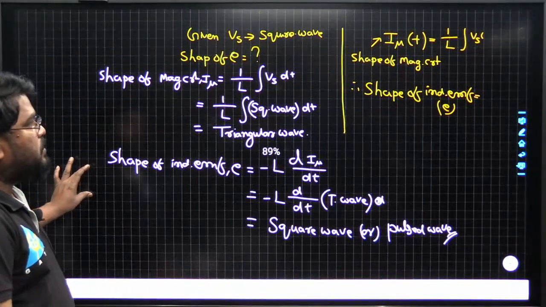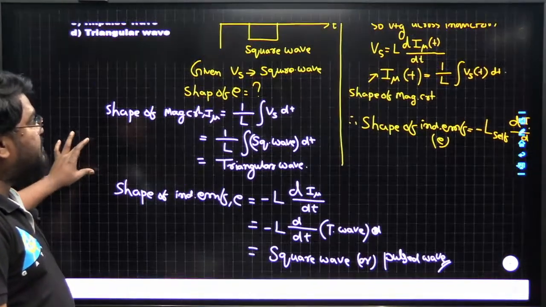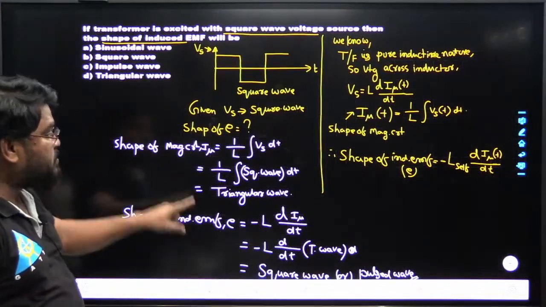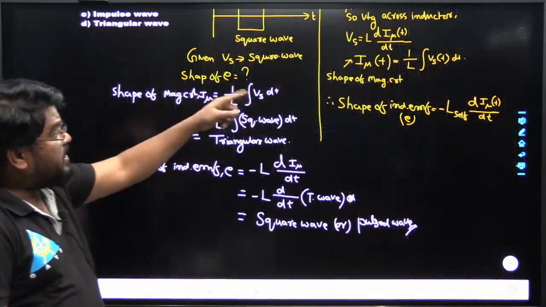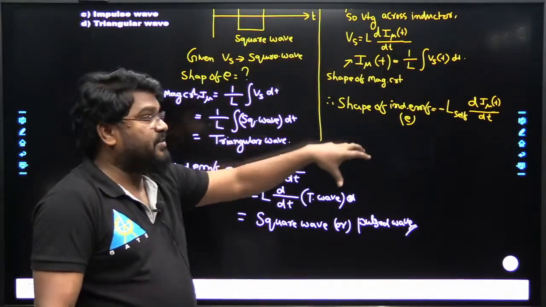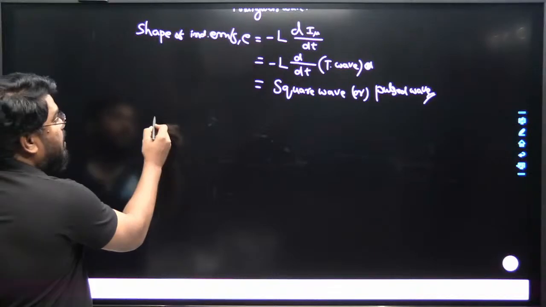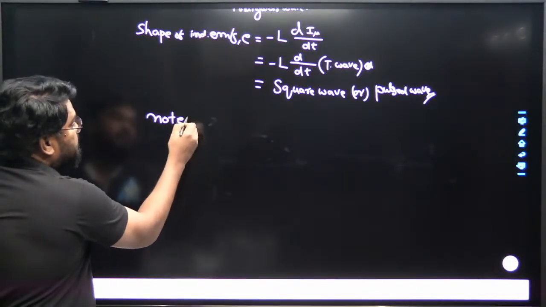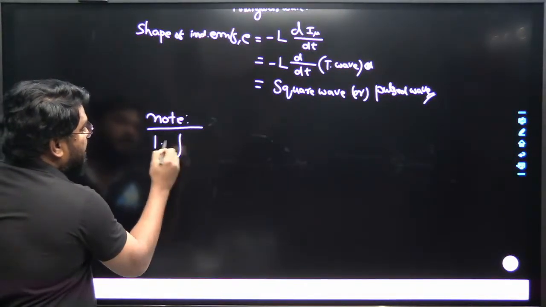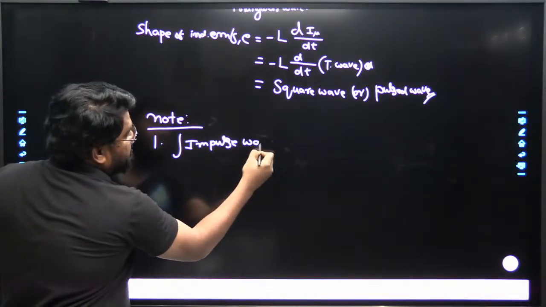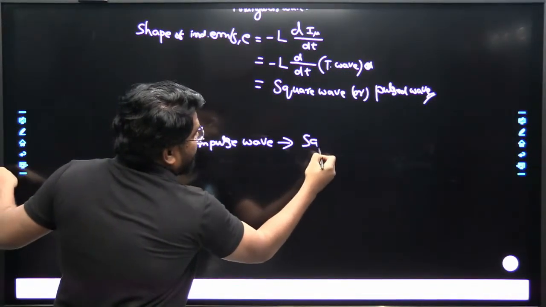So if a transformer is excited with a square wave voltage source, how do we find the shape of the induced EMF? Initially integration, then differentiation, so you will get the square wave. Some data is required to answer this type of question. Integration of an impulse wave becomes the square wave.